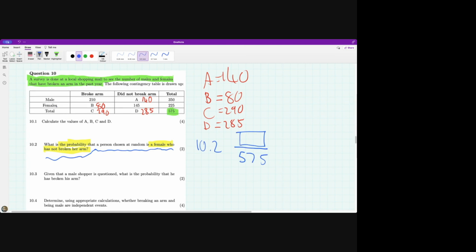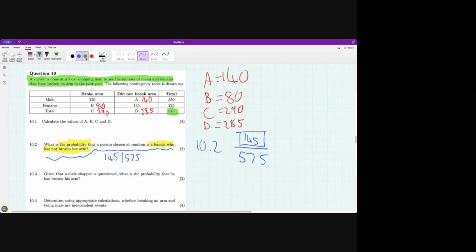So female is here, did not break an arm. So this is the group of people who were female and did not break an arm. So it's 145 over 575. Okay, that makes sense. Now that I got into the data, I feel like I understand where that came from.